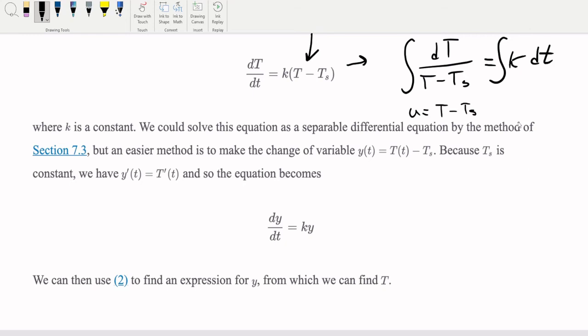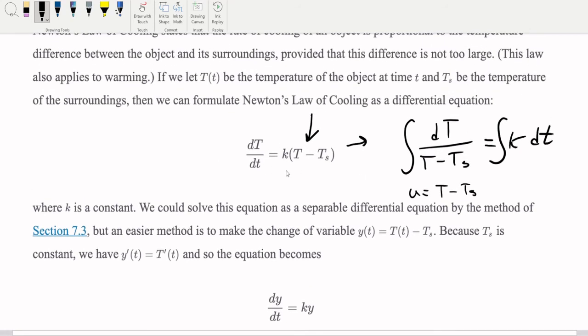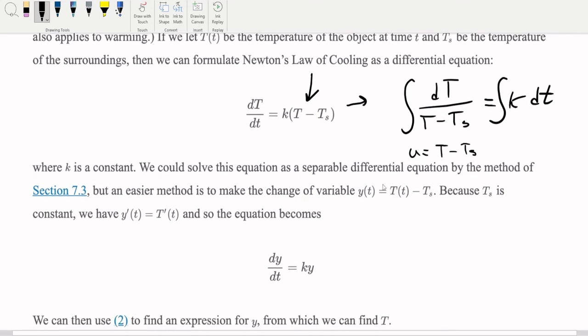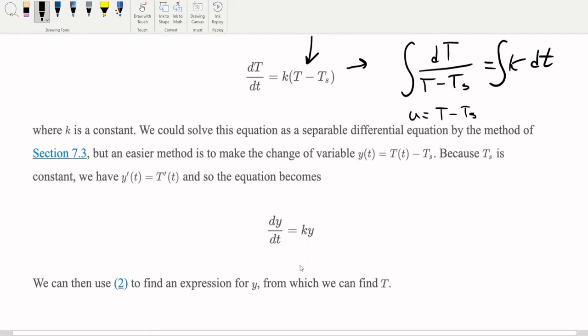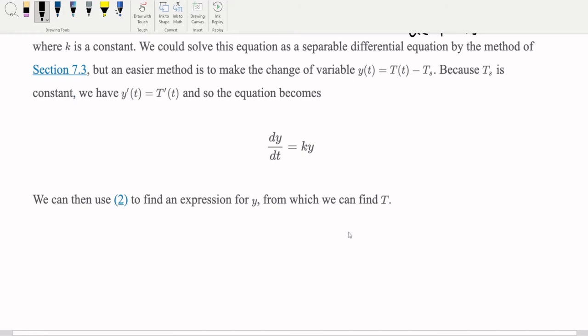So in any case, either we just go through and solve this problem without thinking about any of this and use a u-sub here, or we use this little tricky change of variable, kind of like doing a u-sub before you even integrate. We're going to get to the same place. If you go this way, y equals, and because we know how to solve this, this would be y0 e to the k little t.